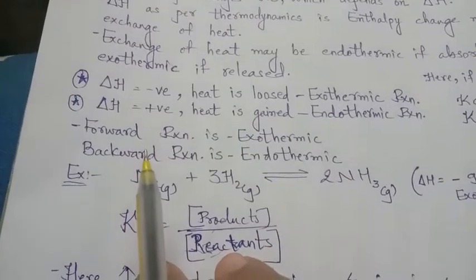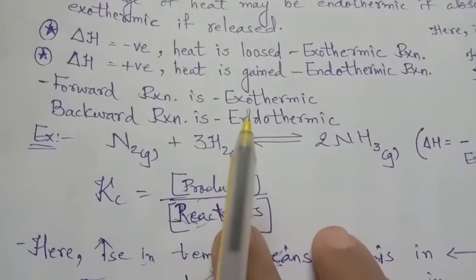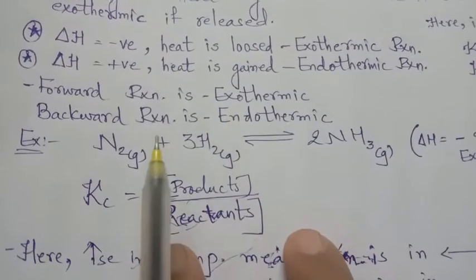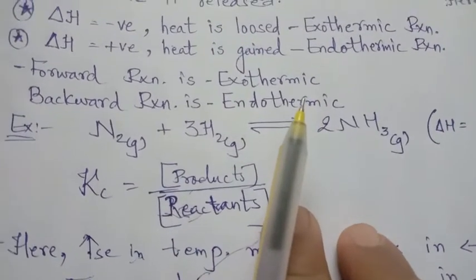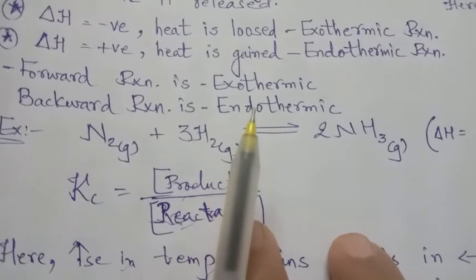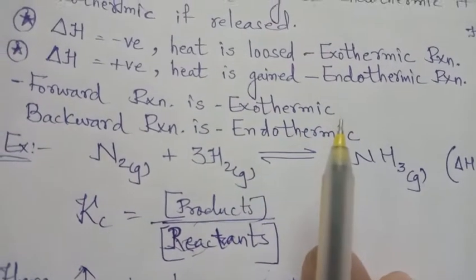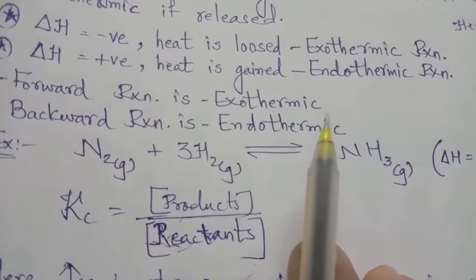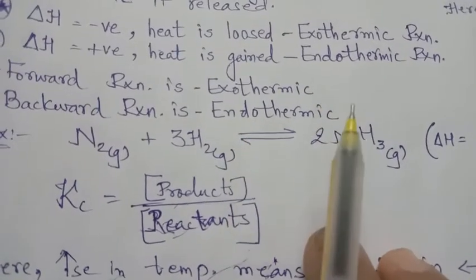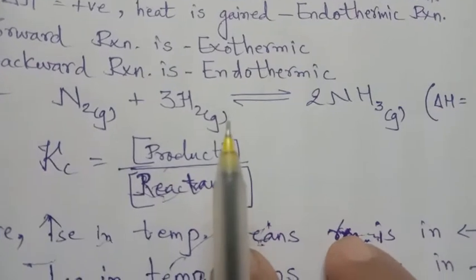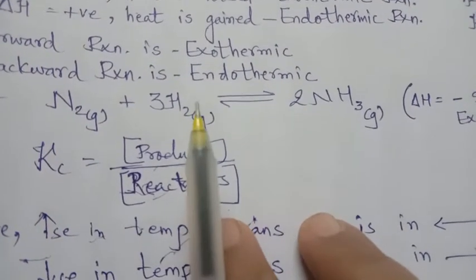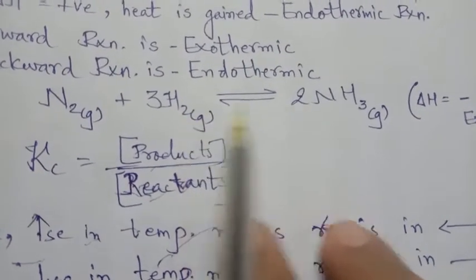So, forward reaction is exothermic. Forward, that means from reactant to product. Here the heat is released, which is taken by the product to form the compounds. And vice versa, the backward reaction is endothermic. So here N2 plus 3H2 gives ammonia.